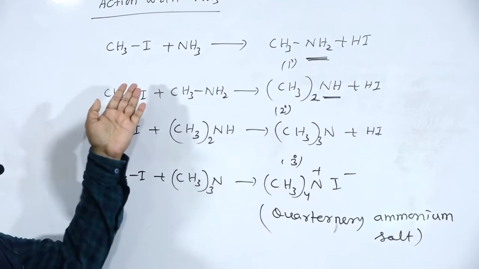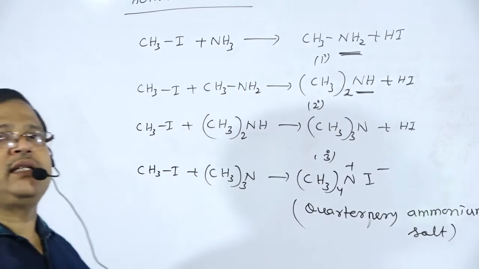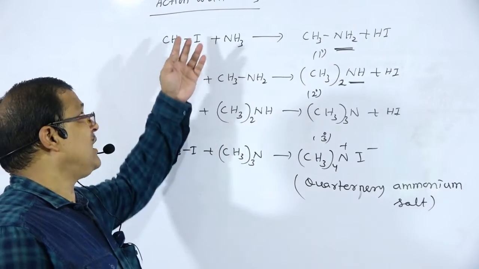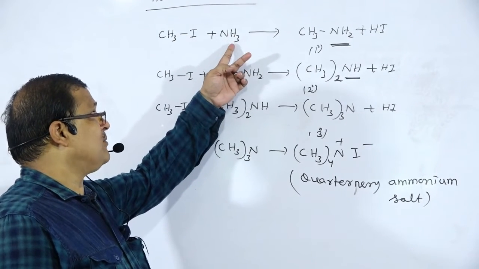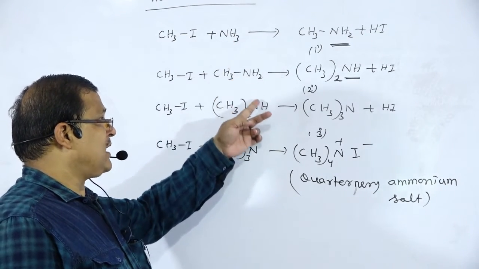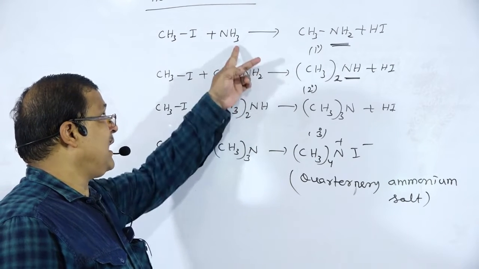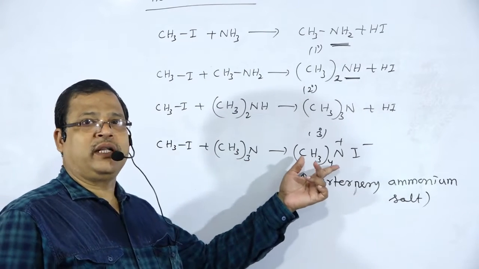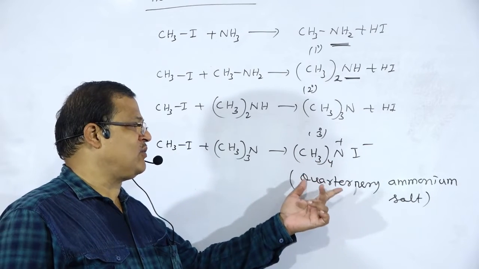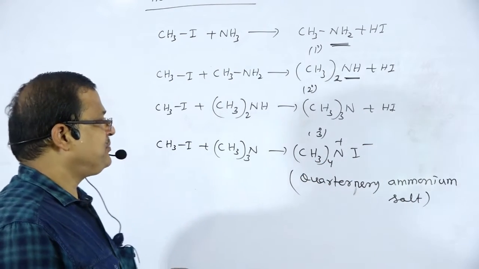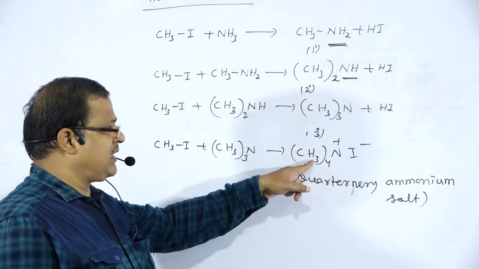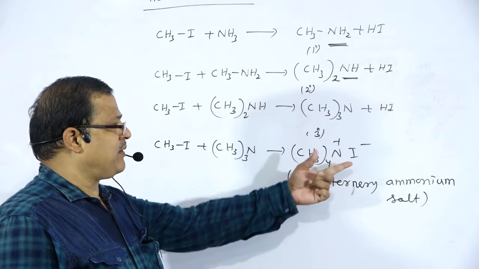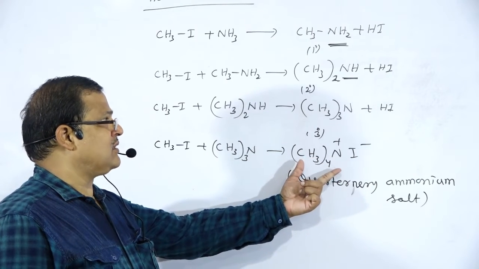So in the nucleophilic substitution reaction of alkyl halide with ammonia, all the hydrogen atoms are replaced by alkyl groups, and the reaction continues till there is the formation of the quaternary ammonium salt, that is tetramethylammonium iodide.